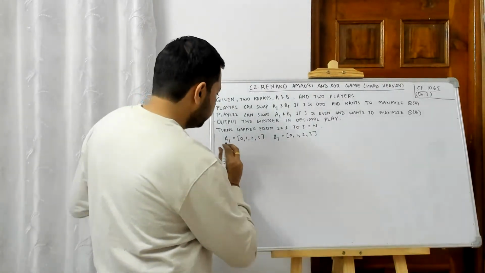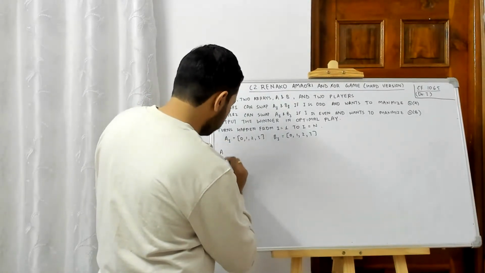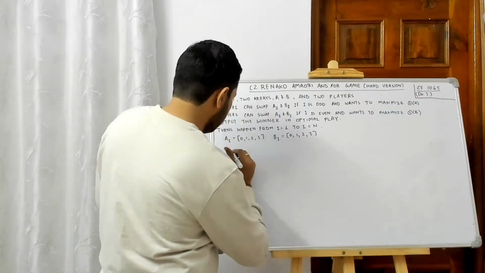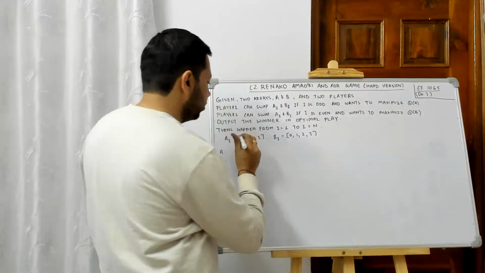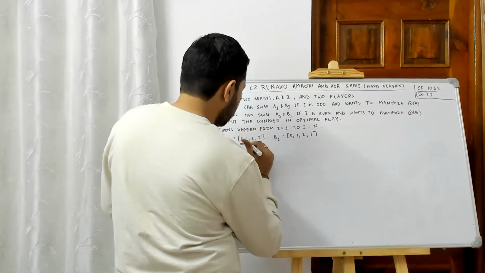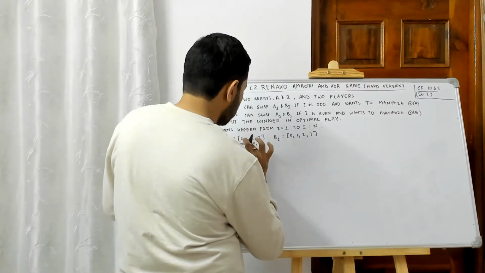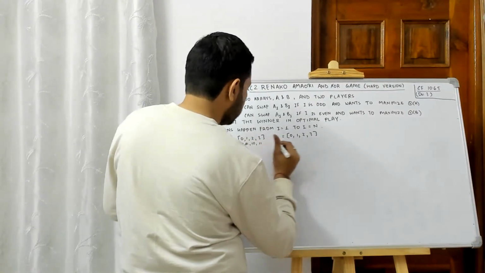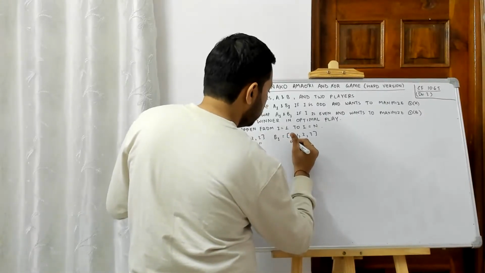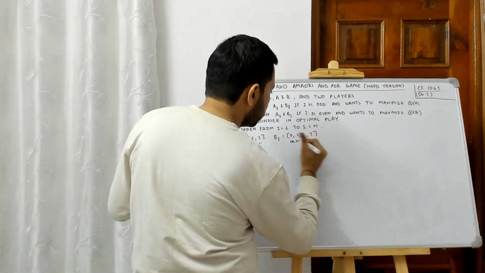So then, let's have some examples of A and B. I'm going to write these numbers as their binary representations. This is 0, 0, 0, 1, 1, 0, 1, 1.